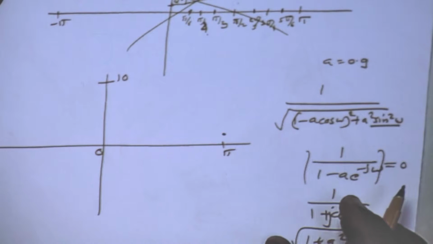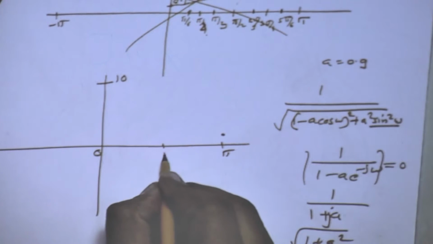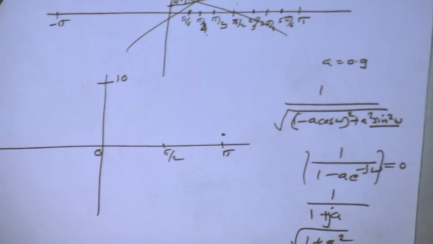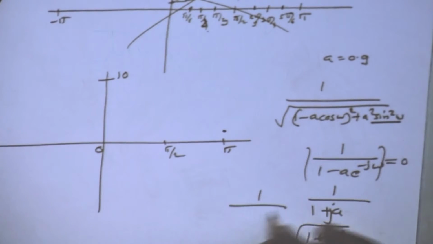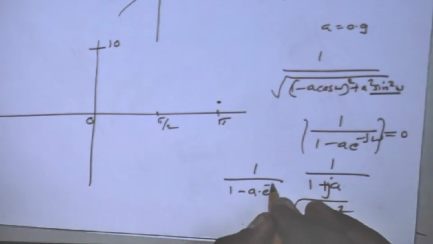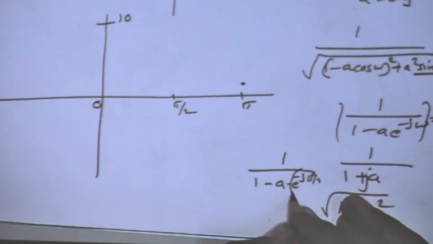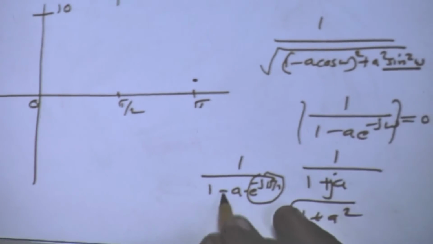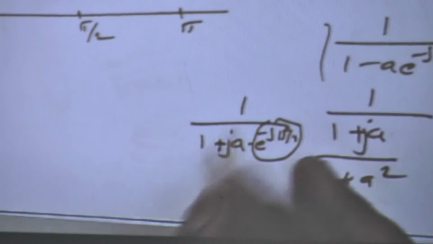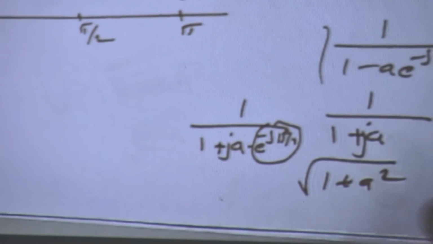Alright. Now, pi by 2. At pi by 2, what is the value? Pi by 2, this becomes 1 minus a times e to the power minus j pi by 2. E to the power minus j pi by 2 is minus j. This becomes plus j. So, 1 by square root of 1 plus a square.